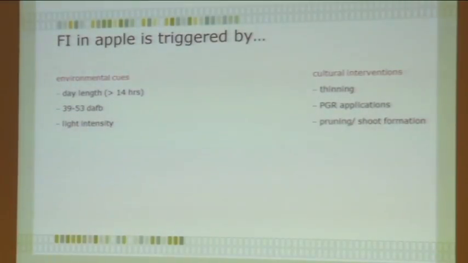Equally important are a range of cultural interventions. For example, fruit thinning. I will get back to this in a minute. Applications of plant growth regulators, pruning, shoot formations, all those practical means have an impact on flower induction.